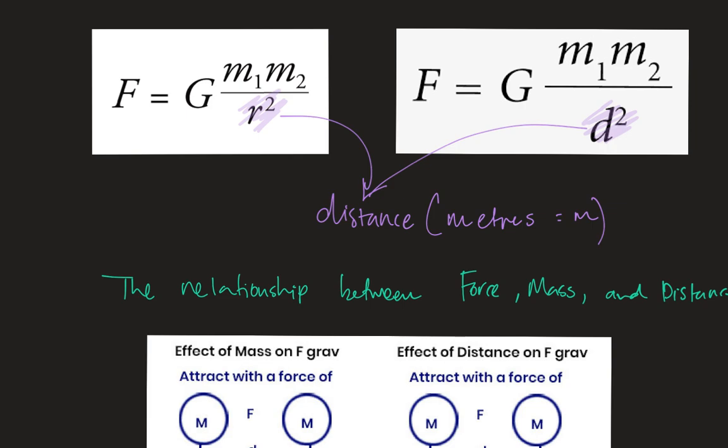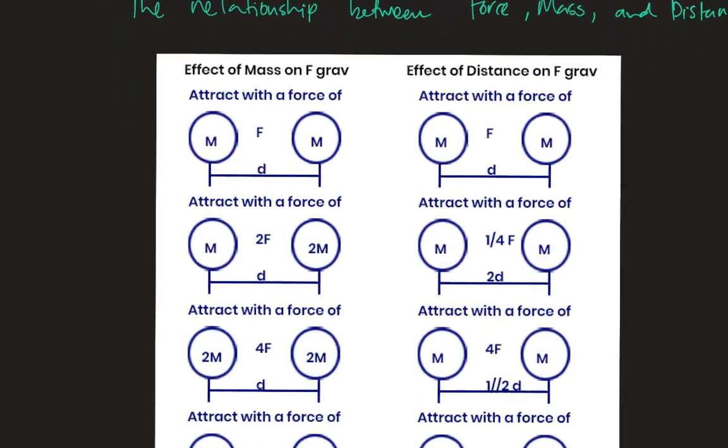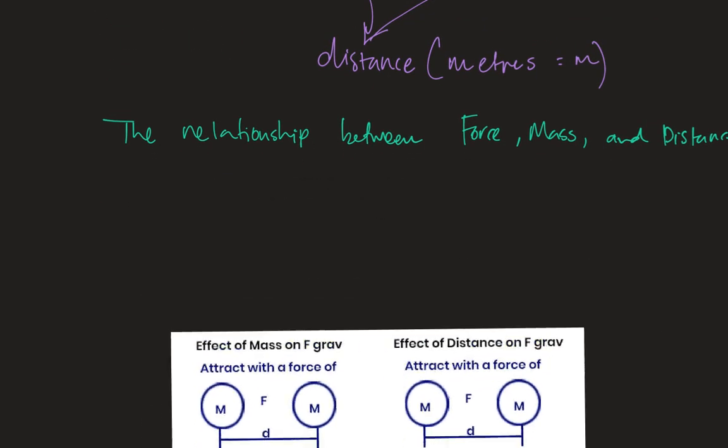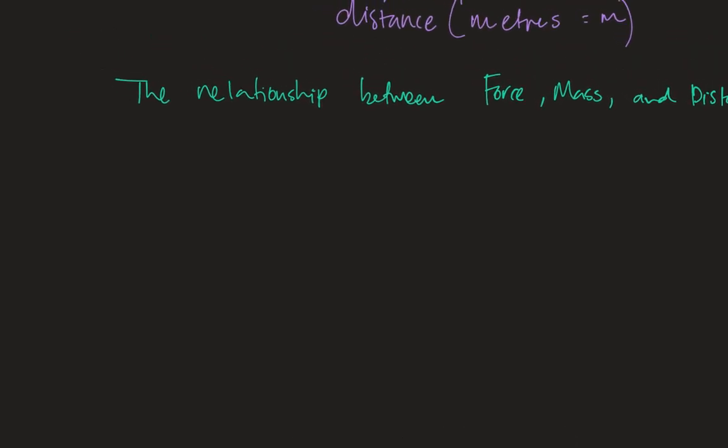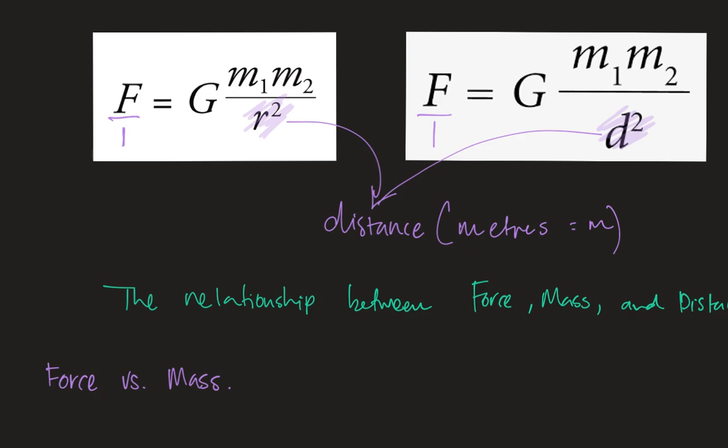Essentially, what's happening here is this is force over 1, force over 1. So two relationships are kind of forming here. The first relationship that's forming, let's get that out of the way, is the relationship between force and mass. Force versus mass: I can see that the force is at the top of the fraction, and the product of the masses is at the top of the fraction.